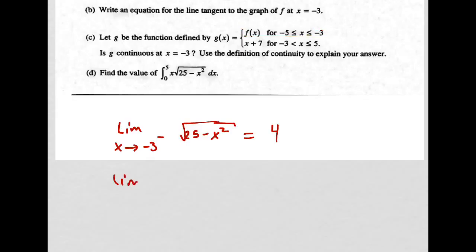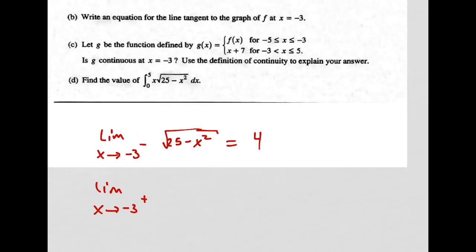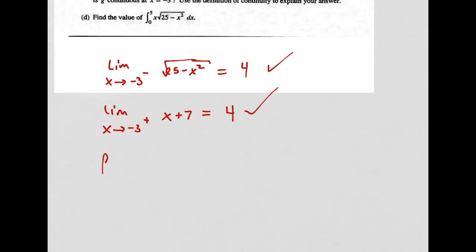The limit as x approaches -3 from the right side, I must use this, right? So that means I'll have x plus 7. By direct substitution, that is also 4. So that's good.